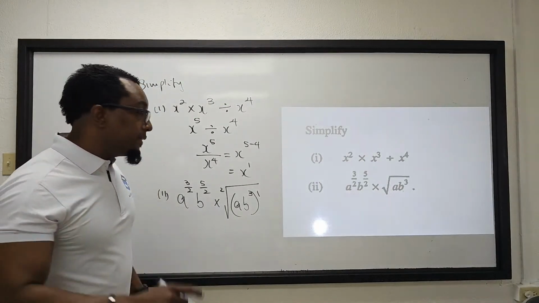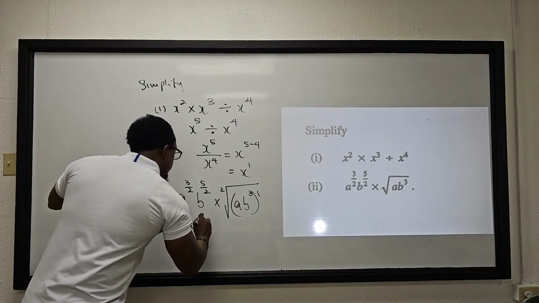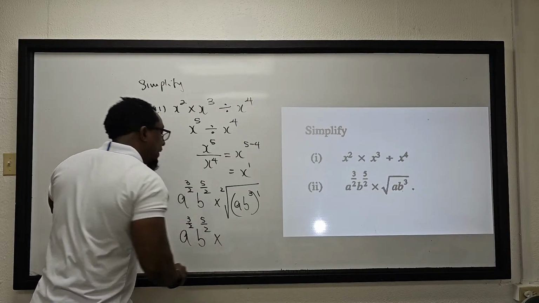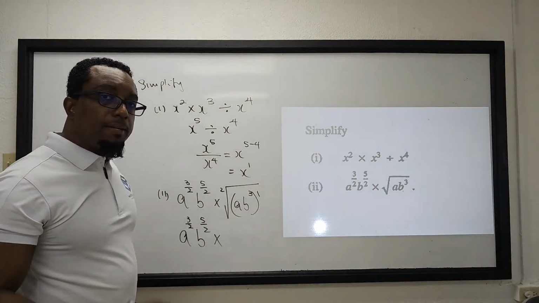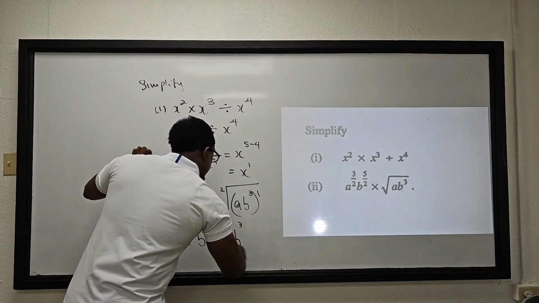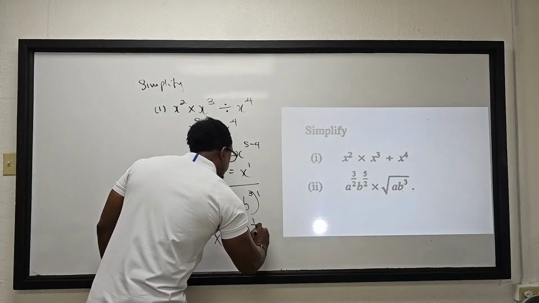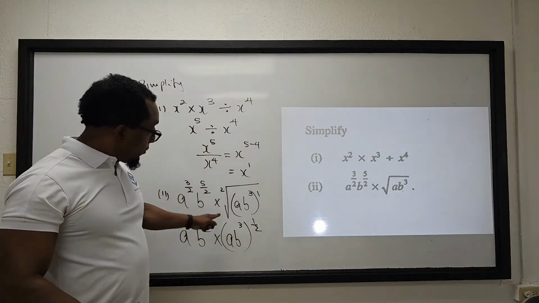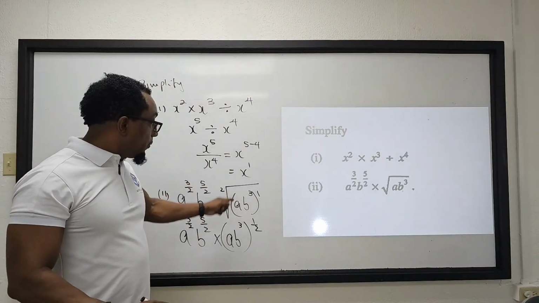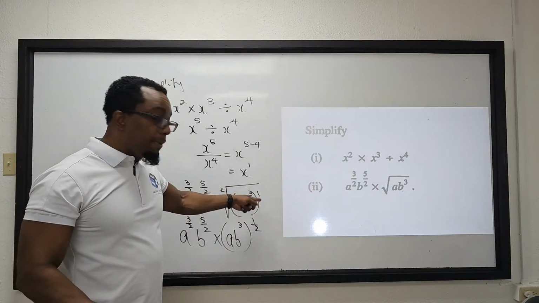So we can rewrite this as a to the power of 3 over 2, b to the power of 5 over 2 times, this is the same as ab to the power of 3 in brackets all to the power of a half. So this root symbol here, the square root, and of course ab cubed in brackets are placed in brackets raised to the power of 1.